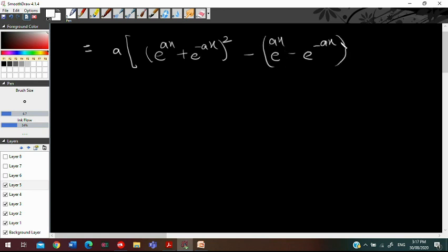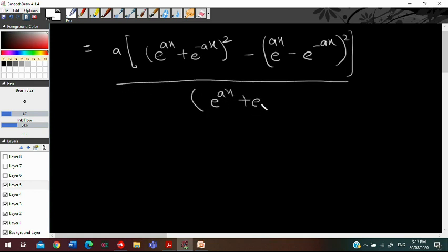I take a as a common from both terms, then exponential of ax plus exponential of minus ax whole square minus exponential of ax minus exponential of minus ax whole square, and the whole divided by exponential of ax plus exponential of minus ax whole square.